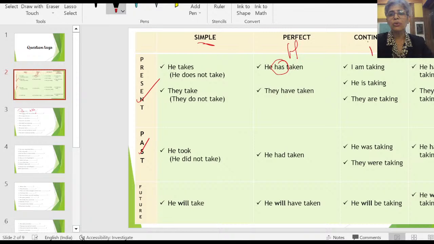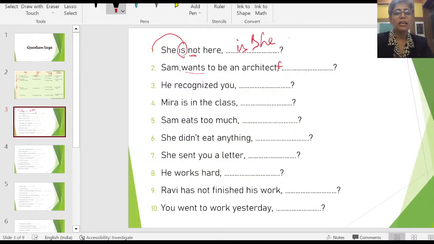In the continuous, you always have the ing form of verb. So we are left with a sentence that does not have the h and the ing. For example, he takes. It does not have he has or have or had. It does not take the form of taking, right? Same way, Sam wants to be an architect.